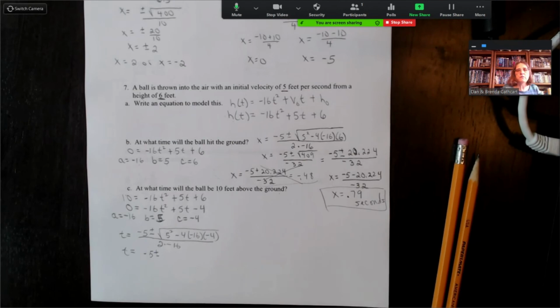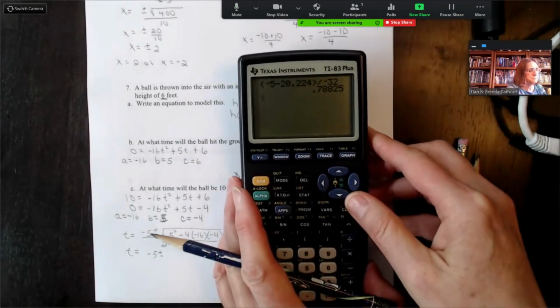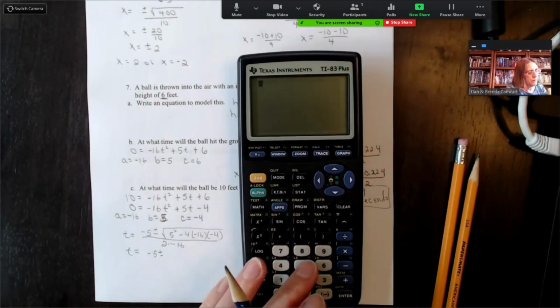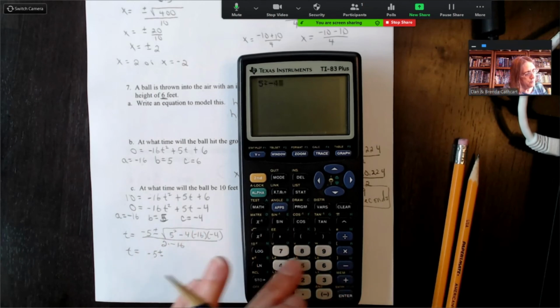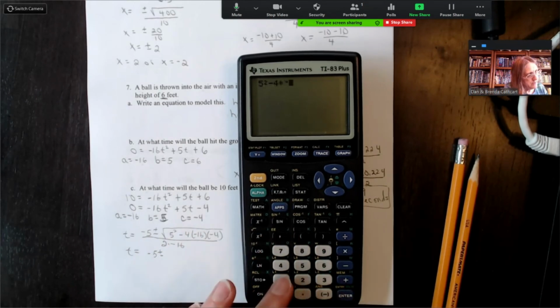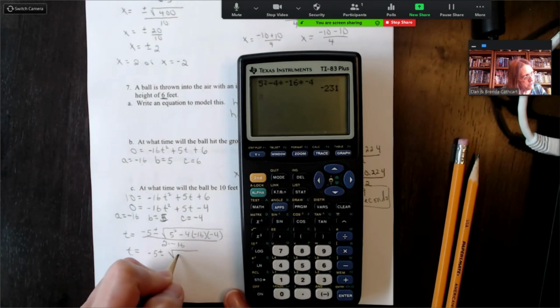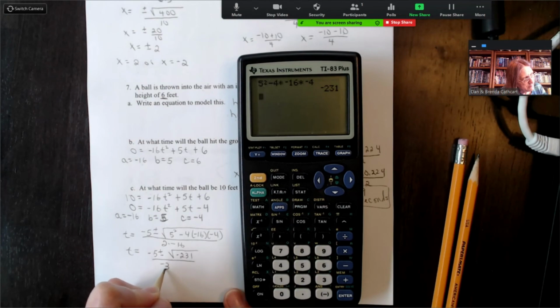When I do the 5 squared minus 4 times negative 16 multiplied by negative 4, I get a negative 231 under our square root.